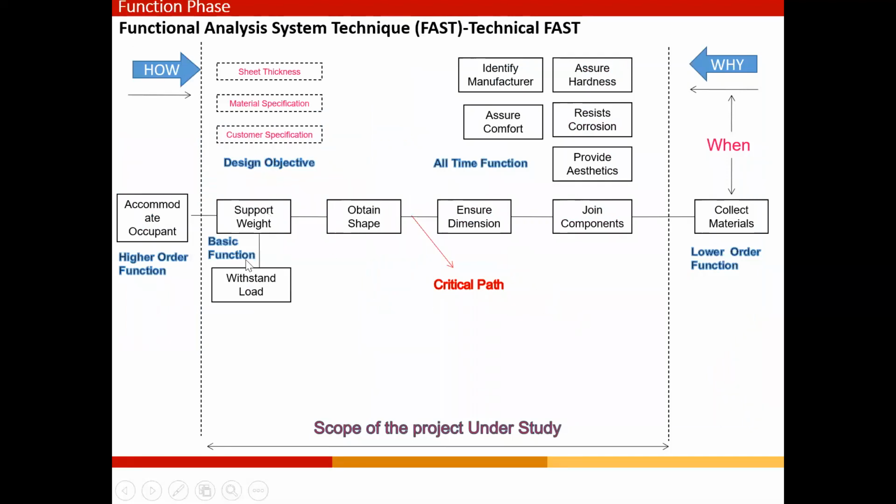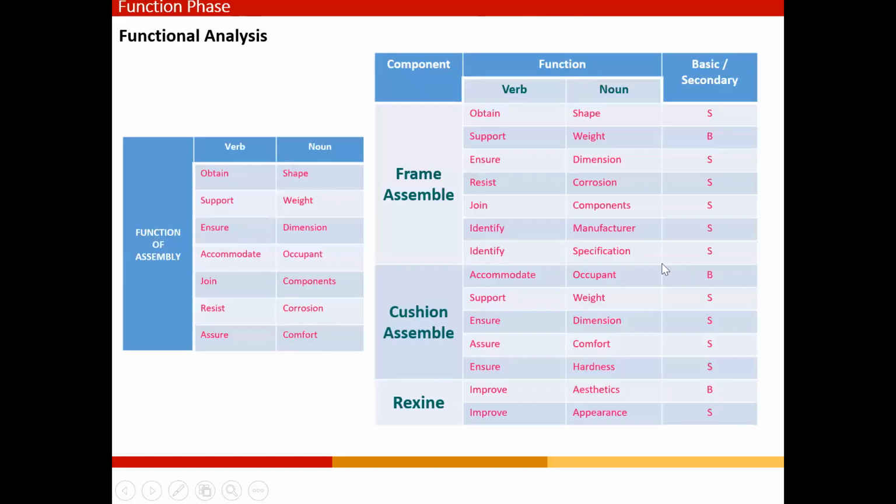So here, I have a question, sir. Previous slide, this last one, Rexin: improve aesthetics and improve appearance. These two variables are attribute variables, aesthetics and appearance. So how to manage this?